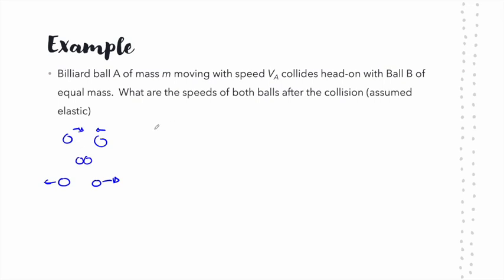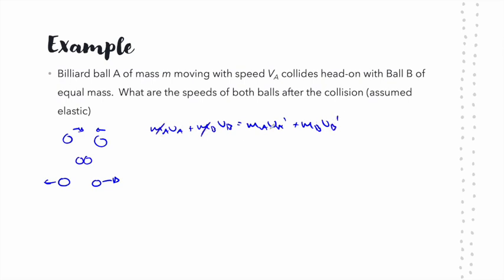Now we know that momentum is conserved before and after the collision, so mA vA plus mB vB is going to be equal to mA vA prime plus mB vB prime.